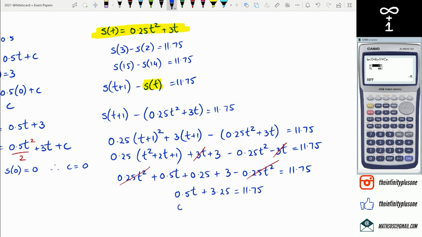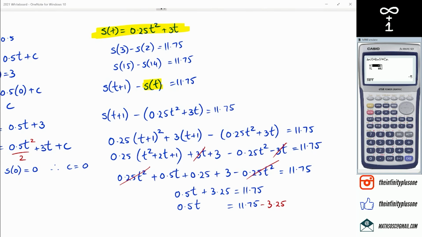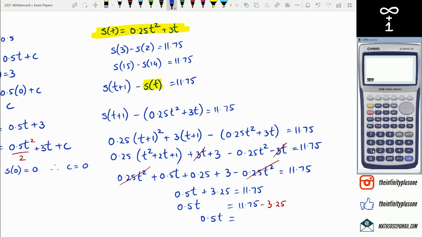So rearranging it, I'm going to get 0.5t equals 11.75 take away 3.25, which means I've got 0.5t equals 8.5.